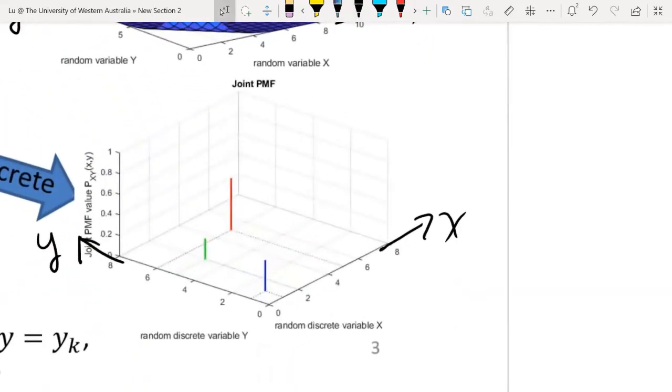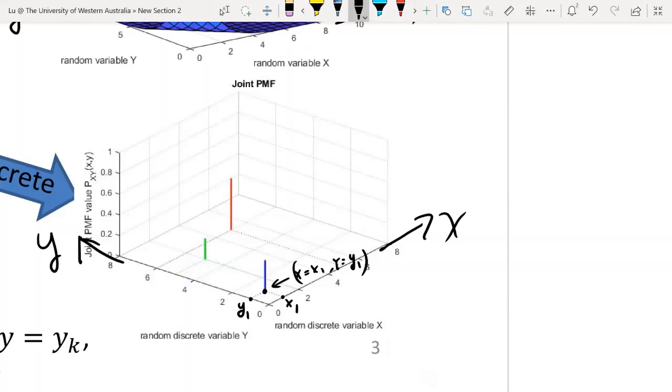For example, take that small blue segment: x1 is here, and y1 is here, just two discrete points on the x-axis and y-axis respectively. This x1, y1 defines a point, where X equals x1 and Y equals y1. So this is just a point.